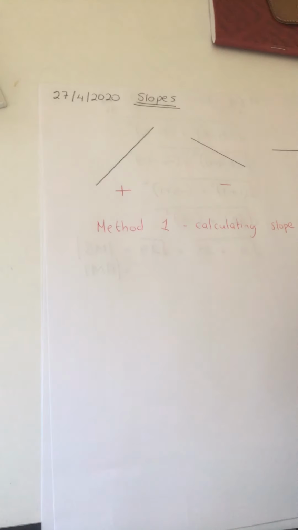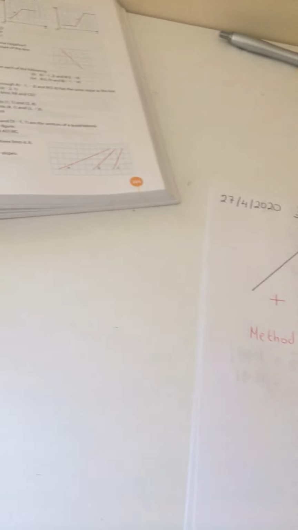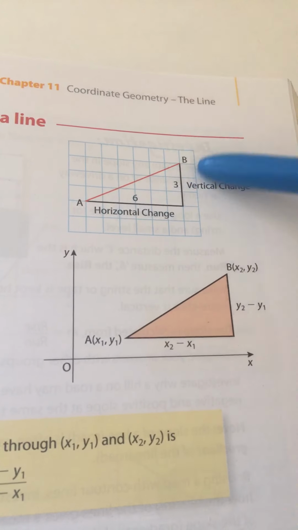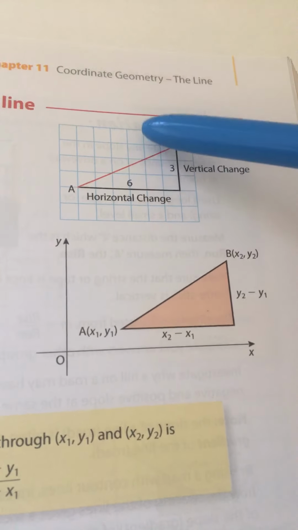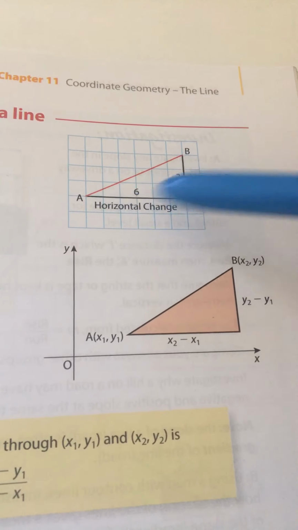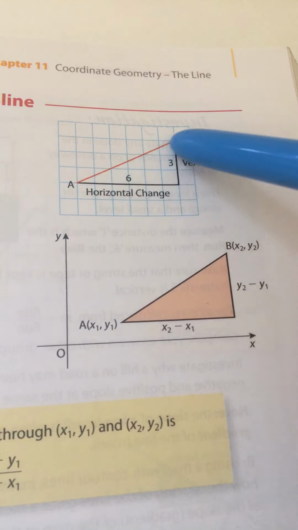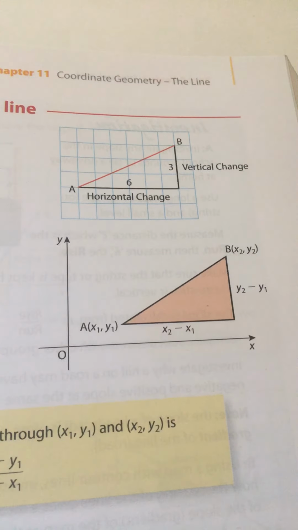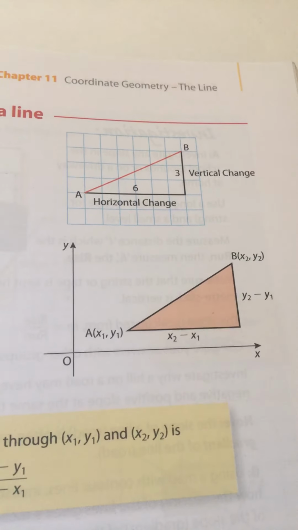Okay, so you'll need your books for this, and obviously some of you don't have your books, so just look at what I'm doing. We're going to page 251. This first method you can use when you're given the line on a grid like this. So we're talking about this red line here from A to B, and we want to find the slope of it. First of all, is this line positive or negative?